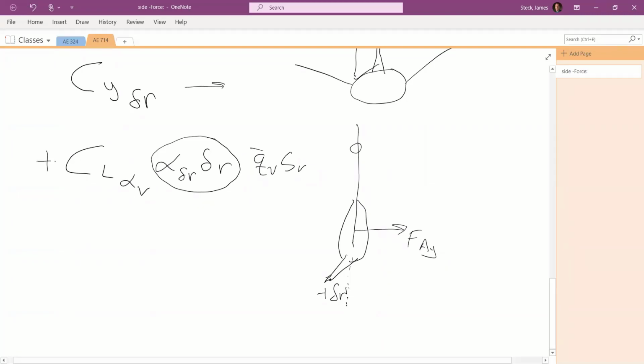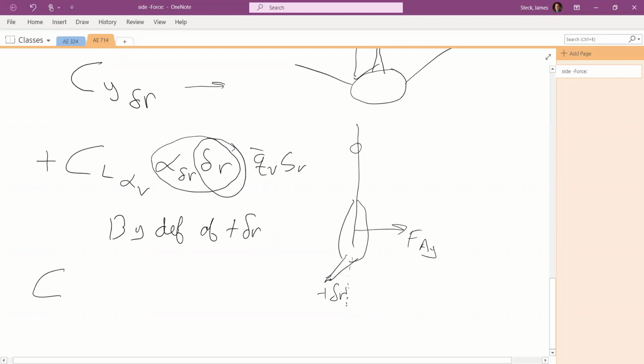Notice this is positive just by definition of what positive rudder is. So positive rudder produces positive side force. And so the effect of the rudder is everything except for the rudder term.